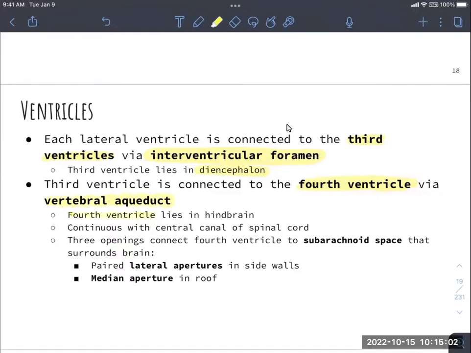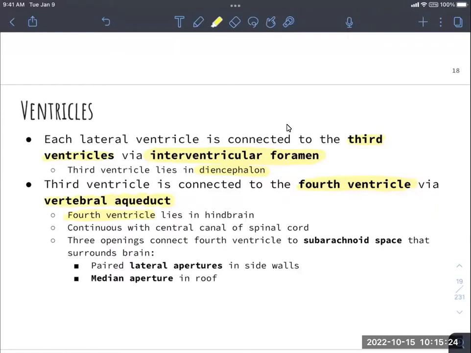The fourth ventricle is found in that hind brain. And that vertebral aqueduct tells you it's got to go down into the vertebral column somehow, because the names usually tell you about where it's going, where it's at.